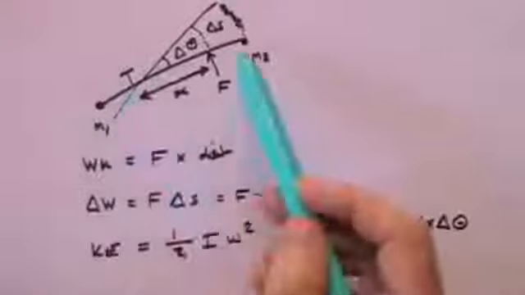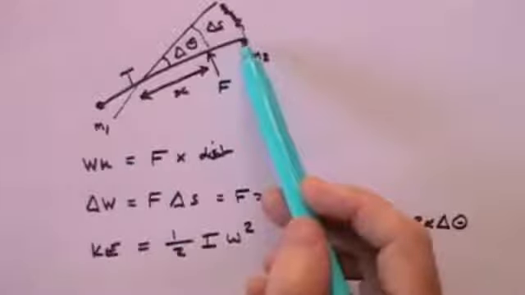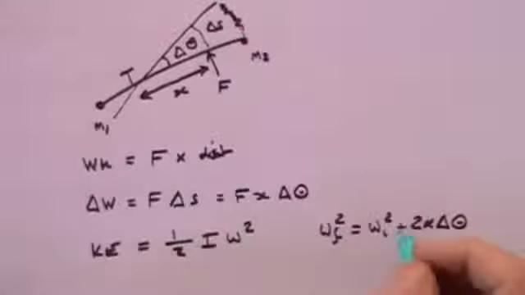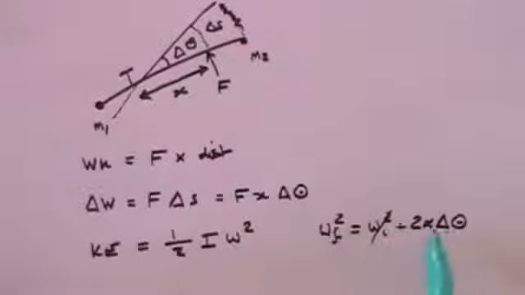In the case of this movement here, the initial angular velocity was 0. We started it from scratch, as it were, stationary. And so now we've got that omega final squared equals 2 alpha times delta theta.